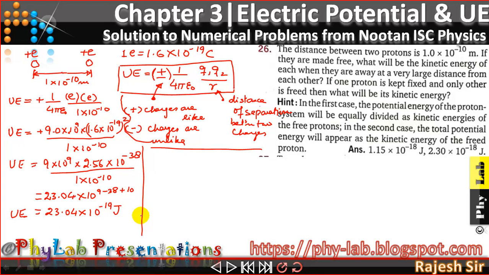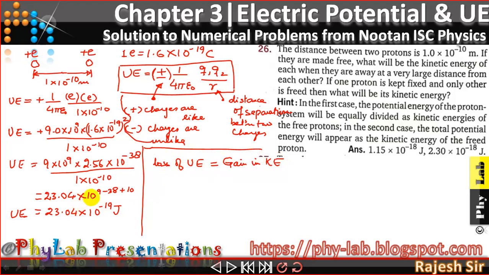Potential energies are always stored energy, friends. So this stored energy will start getting converted into kinetic energy. So you all know from the law of conservation of energy, loss of potential energy would be equal to gain in kinetic energy, isn't it, friends?